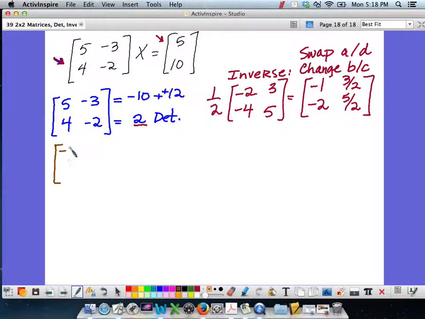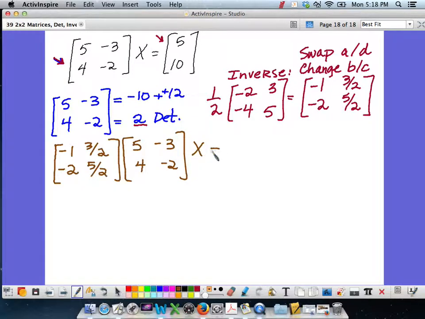But this is -1, 3/2, -2, 5/2, and then that's going to be multiplied times 5, -3, 4, -2, times x. And remember that this part is really not necessary to write unless you just need to, because it's just going to cancel each other, or actually be the reciprocals, quote unquote, of each other and go to 1.